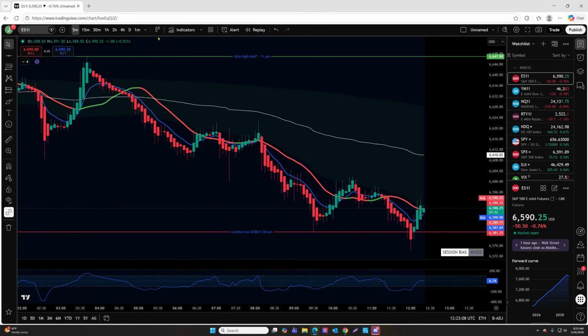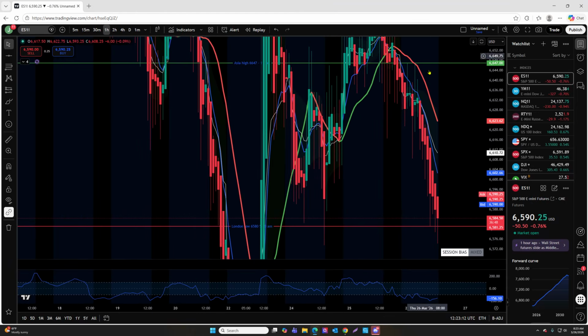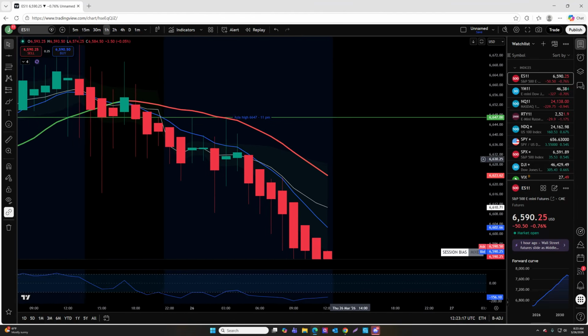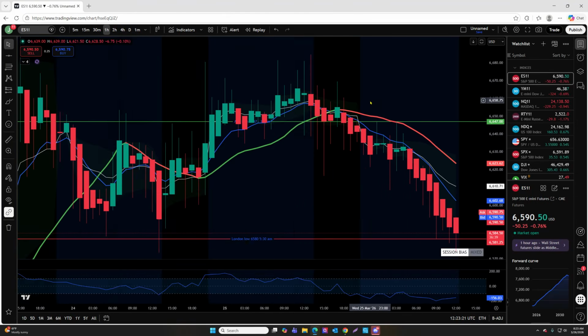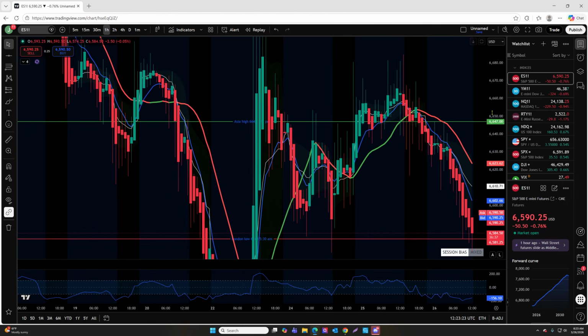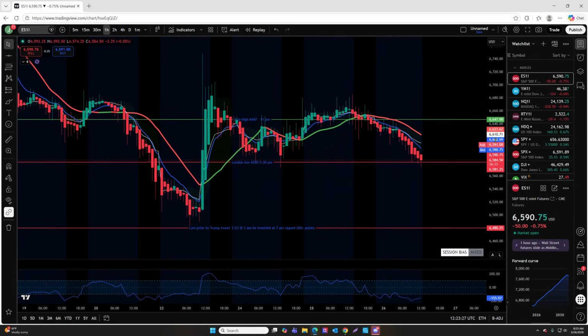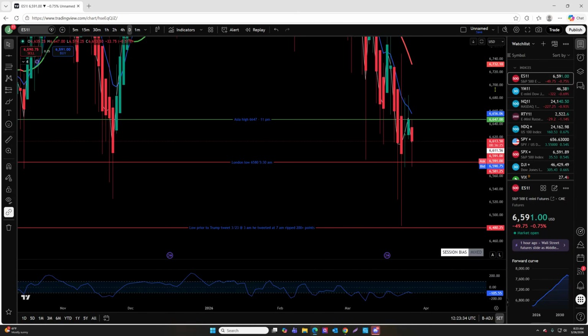So if you look at the hourly here, let me bring this up. Let me crunch this up. I've got to change the settings on my TradingView. I've got it set just for the smaller time frame. So you can see here, this is the hourly, and then you look at the daily.